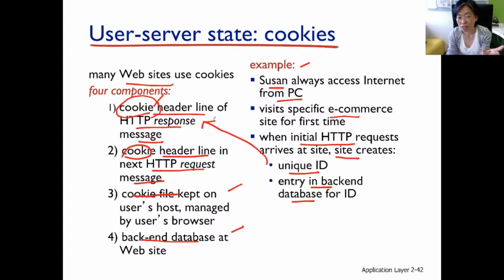So that's going to be set cookie and then the number created here. All right. So the local hard disk Susan has will have that entry set up in the cookie file. So this will go back to the server, carrying also that special ID that Susan has already allowed to set up. And then at this point in time, the server would finally enter the entry to the backend database. So that's the way it works.